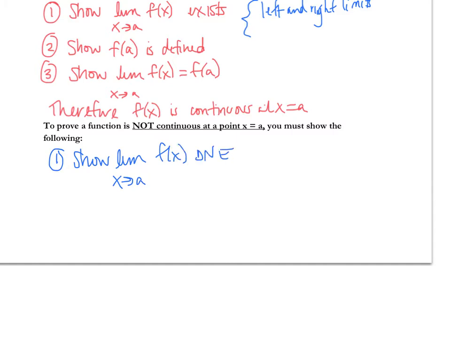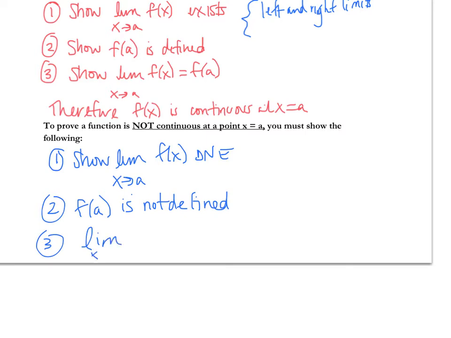If you can prove this, then the function is not continuous at that x value. You could also show that the function value of a is not defined, and it could not be defined for many reasons. You don't have to explain why, you just have to say that it is not defined. And then lastly, you could go through steps 1 and 2, and it's possible that they don't give you the same value.